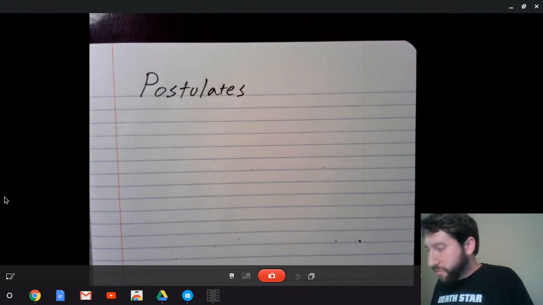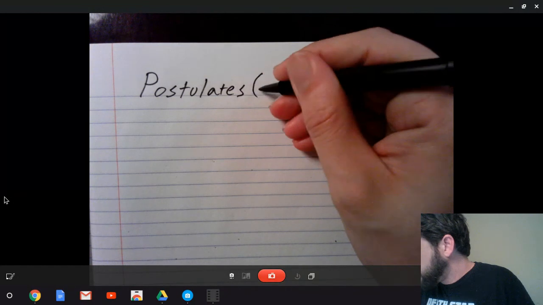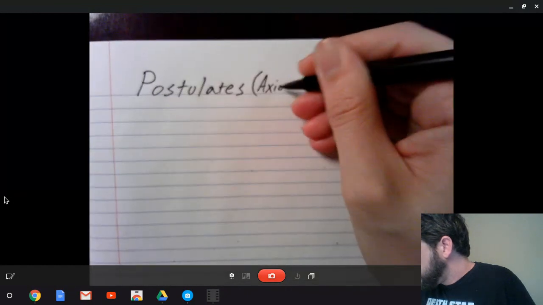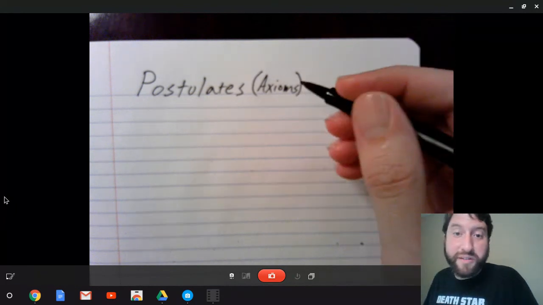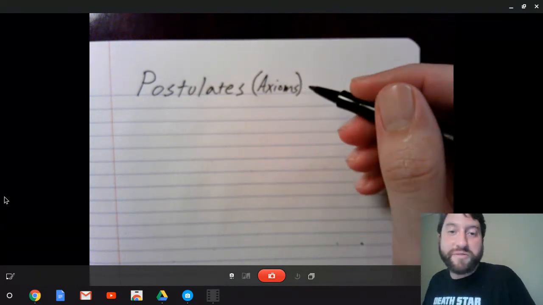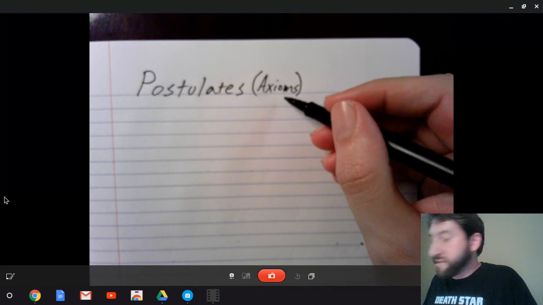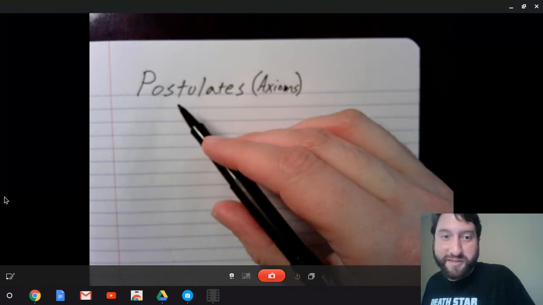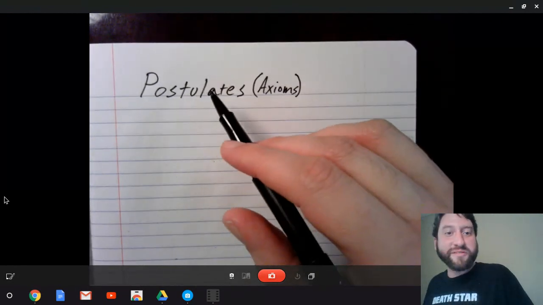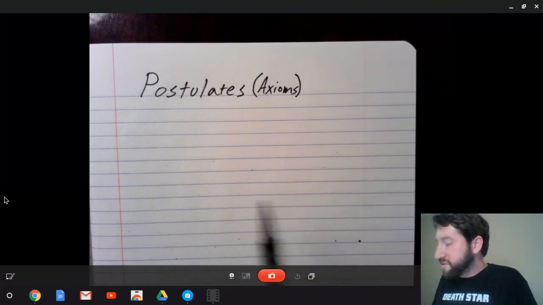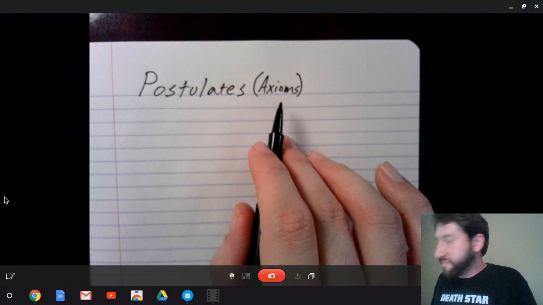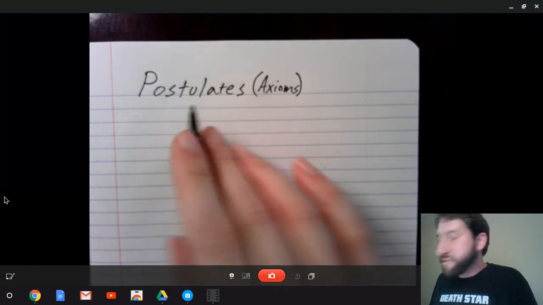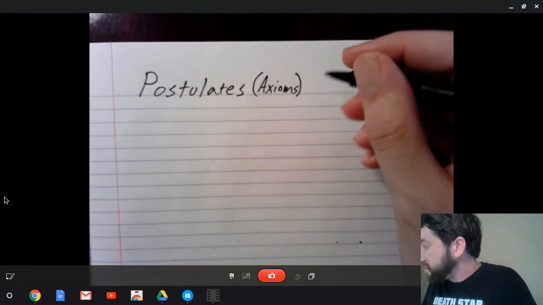Statements that we believe without proof. Postulates are basically the exact same thing. Because we mathematicians love Euclidean geometry so much, we have a special name for axioms. We call those postulates, because Euclid called them postulates. But postulates are basically axioms. It's the exact same thing. Postulates is just a special little term for geometry that we like to use.